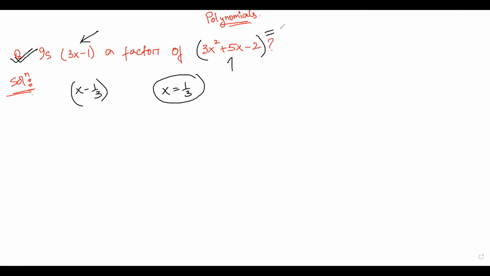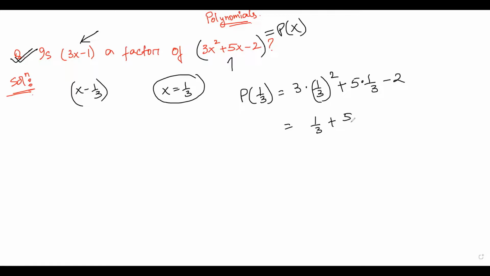So if we assume this quadratic polynomial to be p(x), so in that case, p(1/3) would be simply 3 into (1/3) whole square plus 5 into 1/3 minus 2. So this would be 3 into 1/9. So that would be 1/3 plus 5/3 minus 2. So 1/3 plus 5/3 would be 6/3, which would be 2, and there is minus 2.